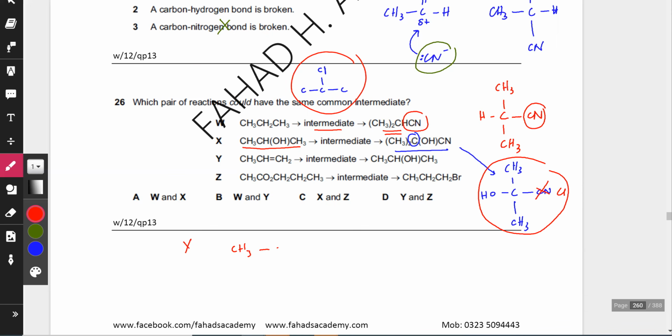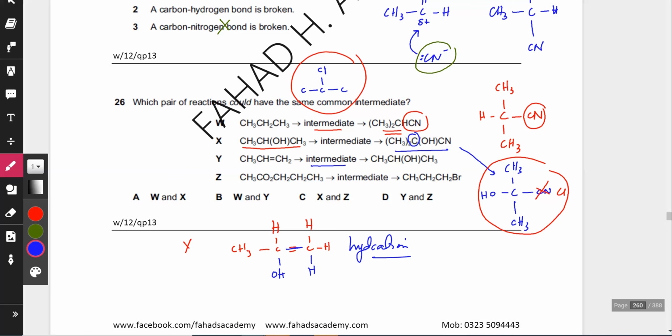It's CH3 and there's a C double bond C. What I can do is just add a water molecule with phosphoric acid catalyst and 60 atmosphere pressure. That would be an addition reaction. OH and H would get added and the double bond would go away. That is known as hydration. But the problem with hydration is that it's a one-step reaction. We don't want a one-step reaction. We want something to be formed in the middle over here.